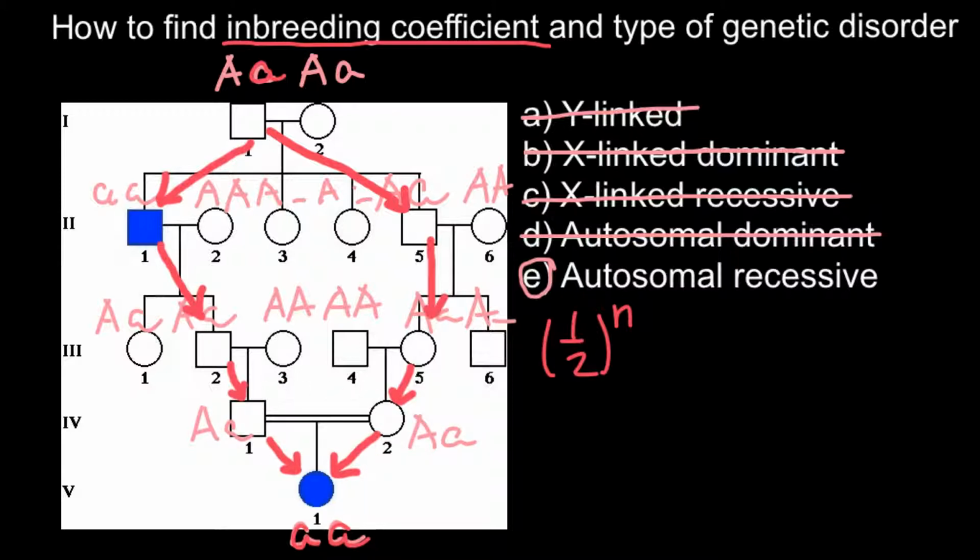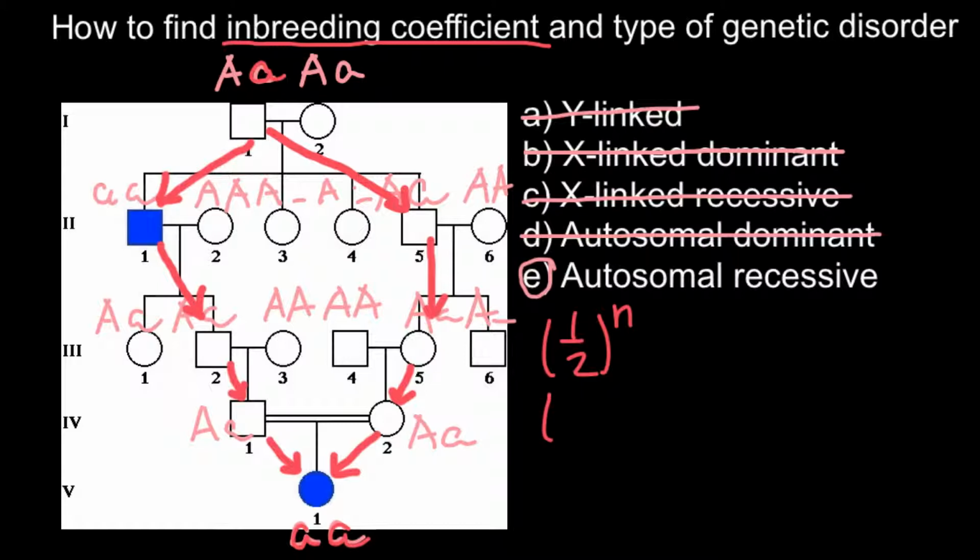Now let's count how many nodes we have here. So 1, 2, 3, 4, 5, 6, and 7. We don't count this person, we just count how many people stand in this pathway. 2 possible pathways where he would get 2 recessive alleles from his ancestor 1 in the first generation.